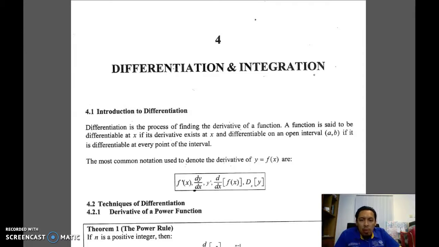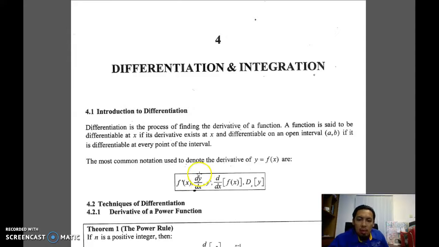When we're discussing differentiation, what does it actually do? I believe that most of you are already familiar with the terms used in differentiation, which is dy over dx. This is the notation used in conducting differentiation, and this notation was not just randomly created.